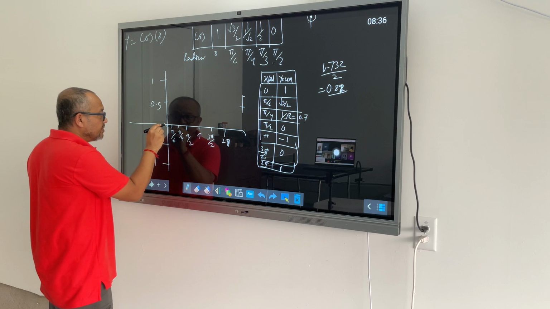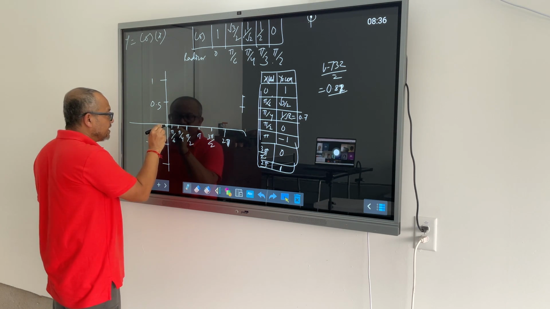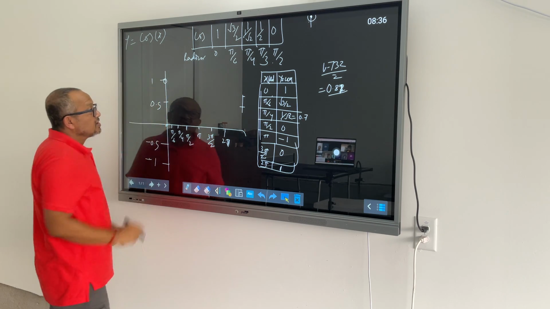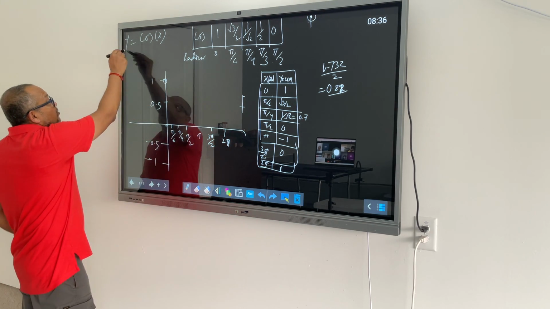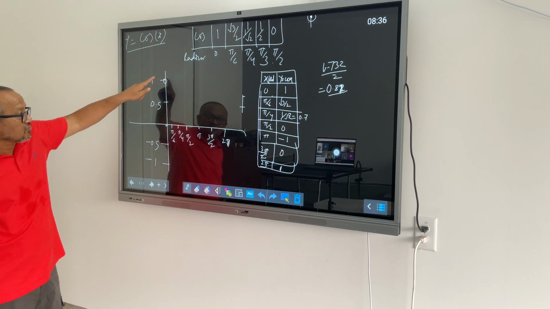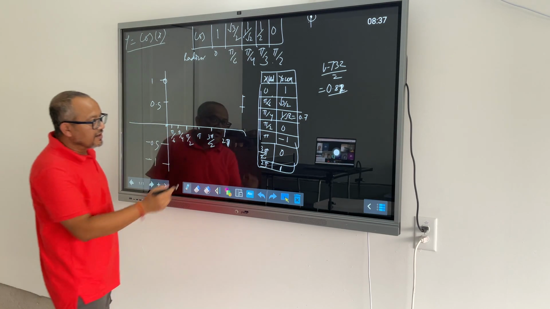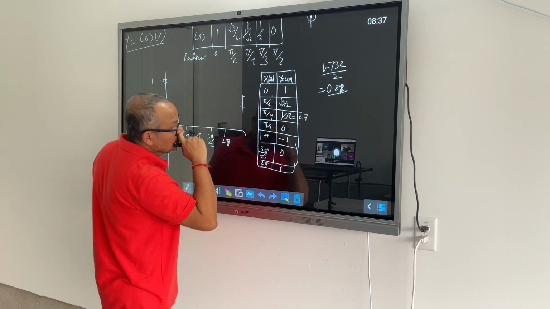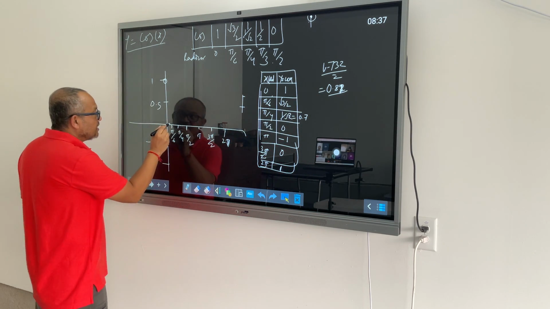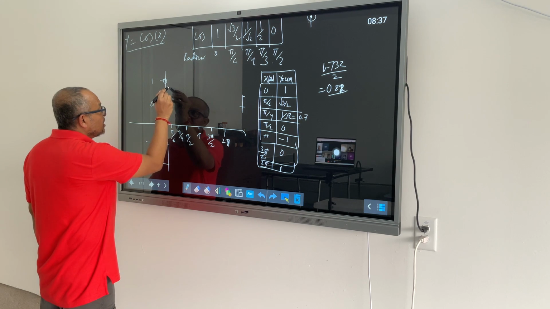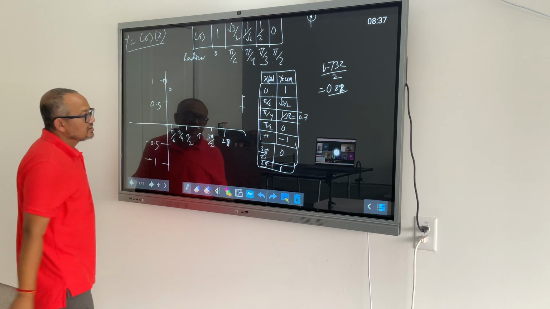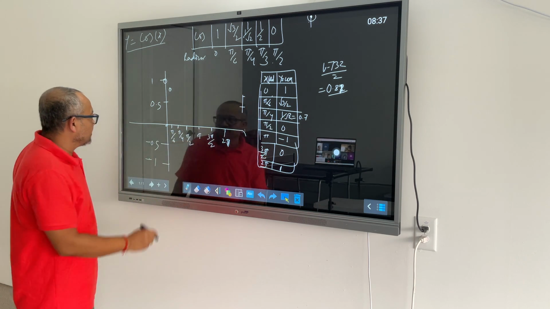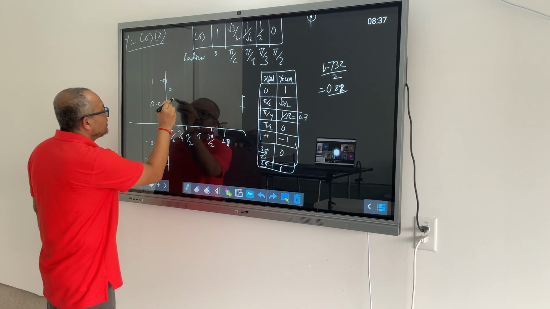When x is 0, meaning my angle is 0 radian or 0 degree, my y coordinate, as in cos of x, is equal to 1. When this is pi over 6, this is root 3 by 2, which is 0.87. It came a little bit down here. When it's pi over 4, it became 0.7. It came down a little bit further.